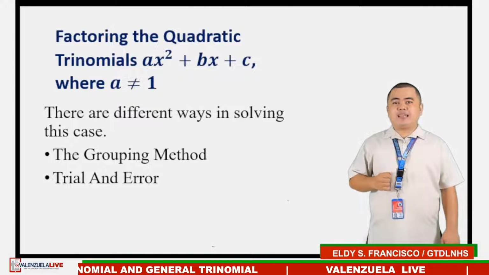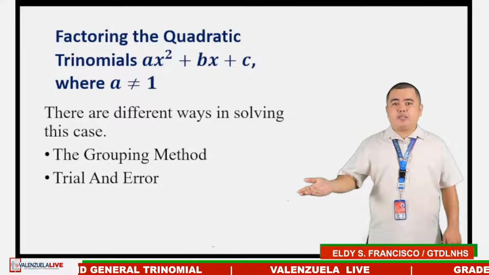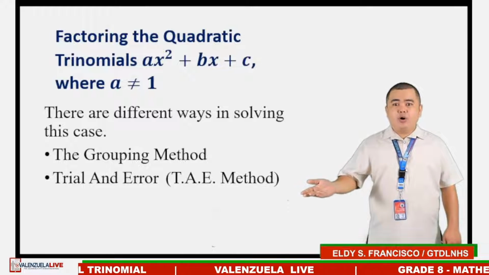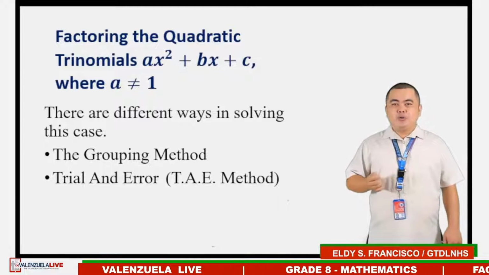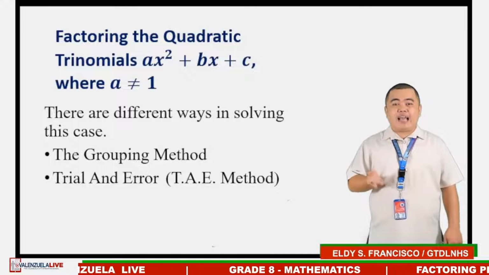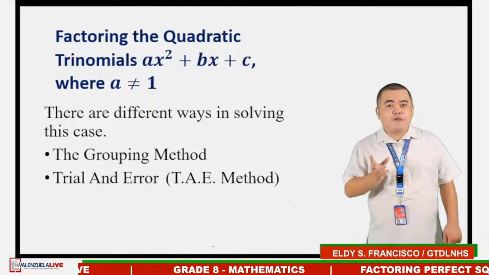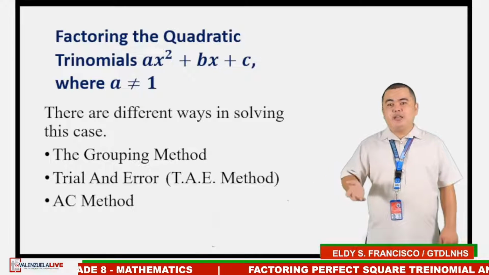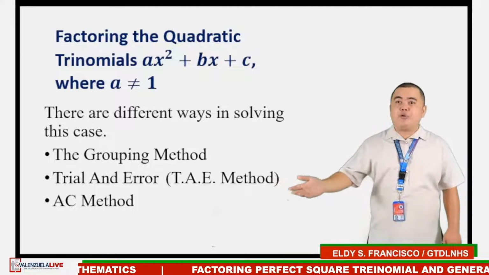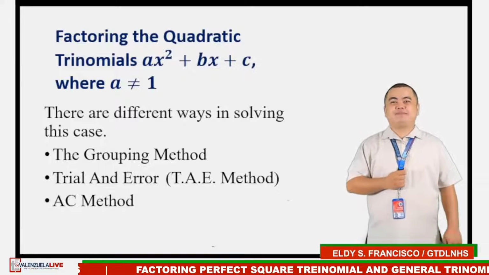Then we also have the trial and error, or TAE method, also known as guess and check, where you are going to try until you get the correct factors. And we also have the AC method, and this method will be used in our discussion for today.